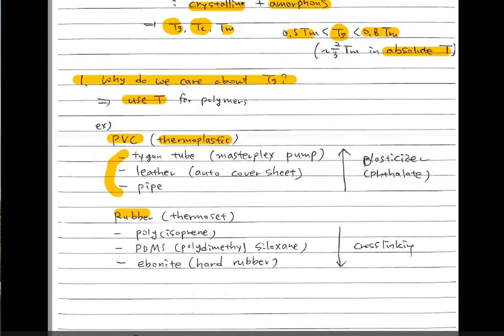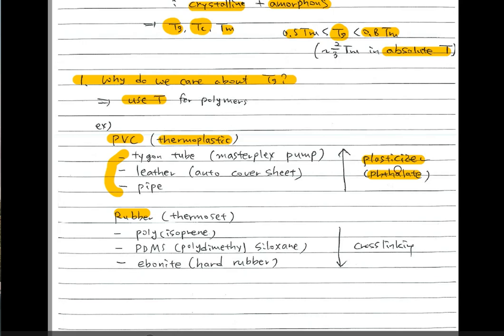And as you add more plasticizer, for example, phthalate, so we'll learn more in detail about plasticizer later, the glass transition temperature of the resulting PVC changes, especially decreases as you add more plasticizer, and the physical or thermal properties of PVC change significantly.